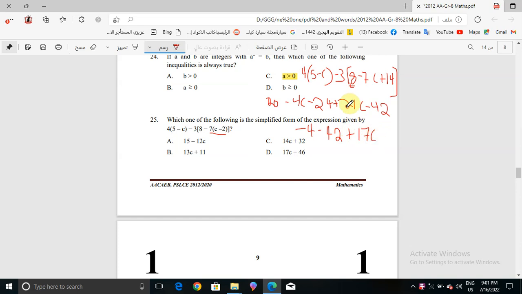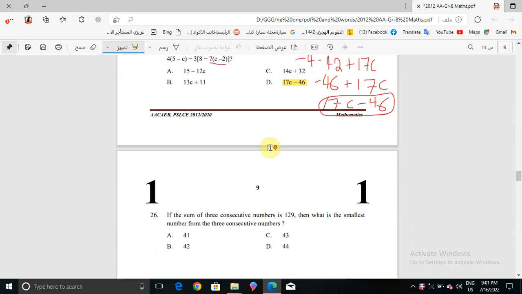Why? Because 21c minus 4c will give us 17c. Then negative 4 and negative 42 add to make negative 46 plus 17c, or in another way we can say 17c minus 46. So the correct answer for question number 25 is choice D, which is 17c minus 46.